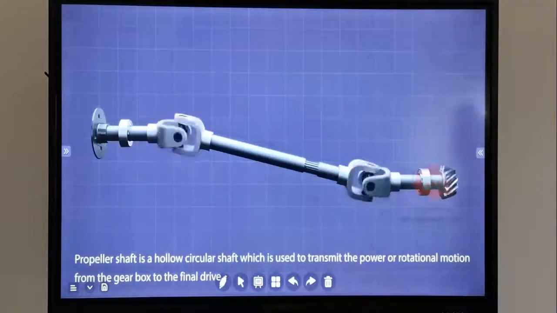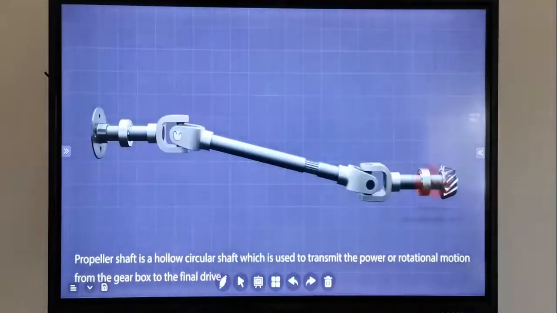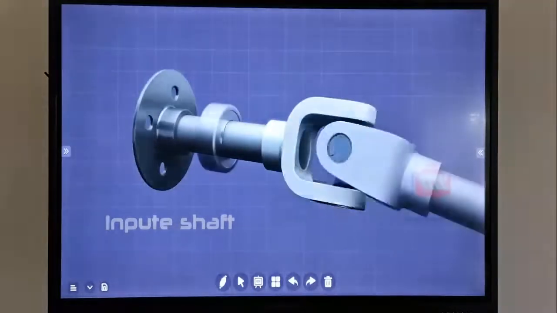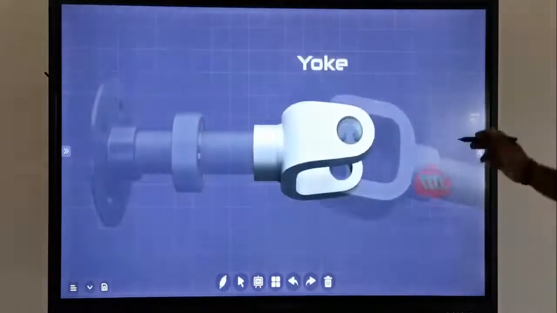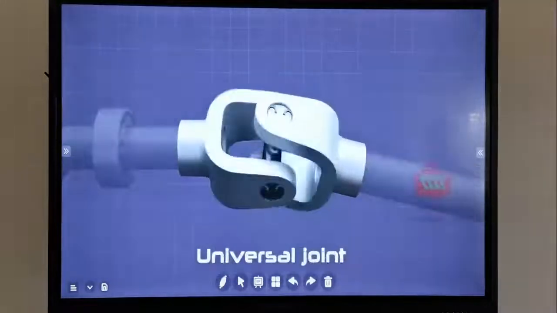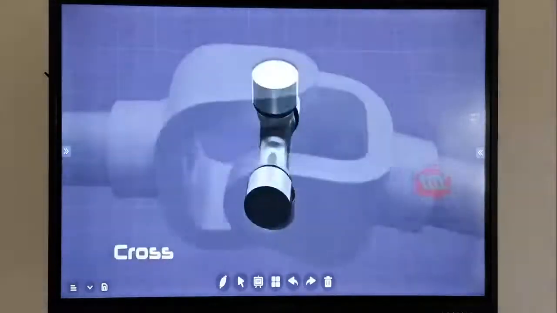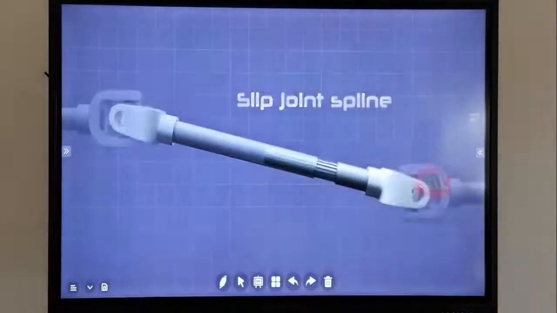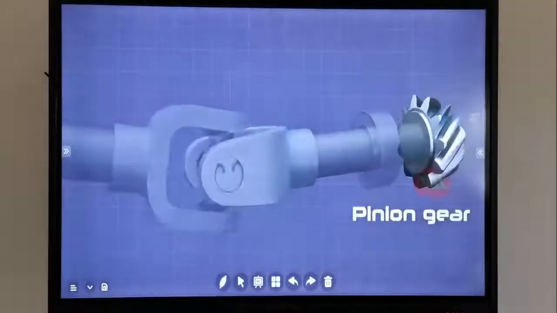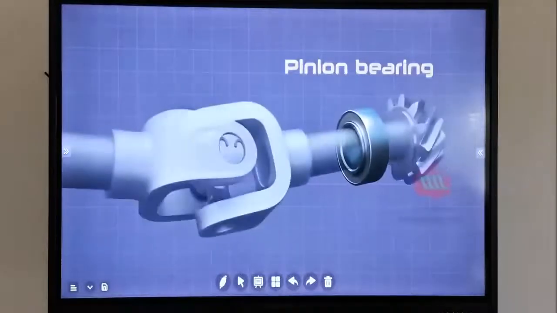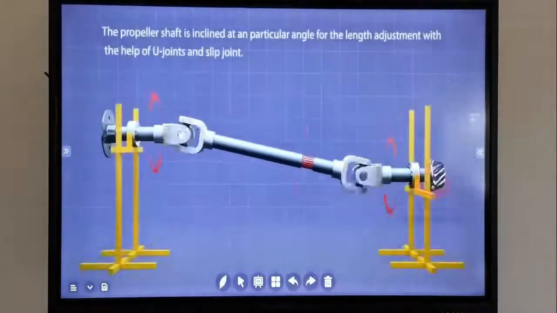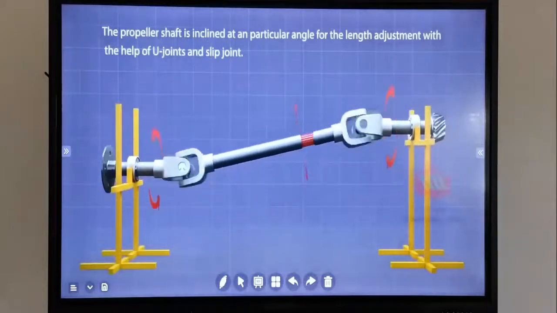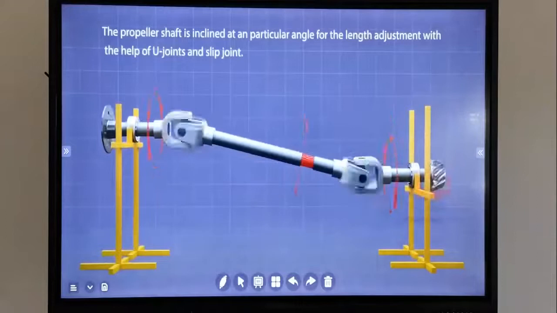Now you can see how it works. Here we call this the yoke of the input shaft, the universal joint, there is a cross, the slip joint spline, output shaft, pinion gear and pinion bearing. Now you can see this is a straight line. Now the angle of the propeller shaft is changed.